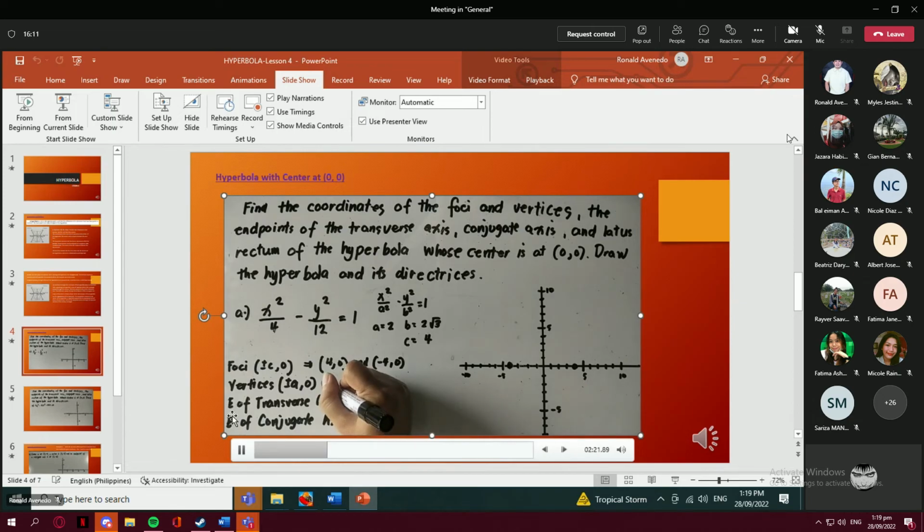So therefore, a is 2. So 2, 0, and negative 2, 0.